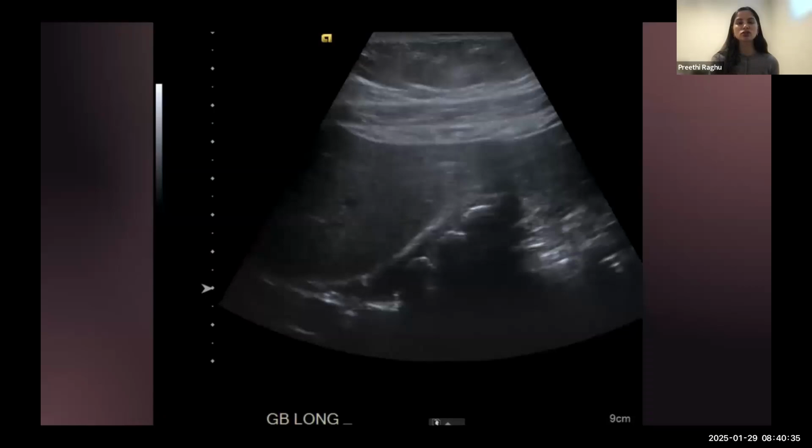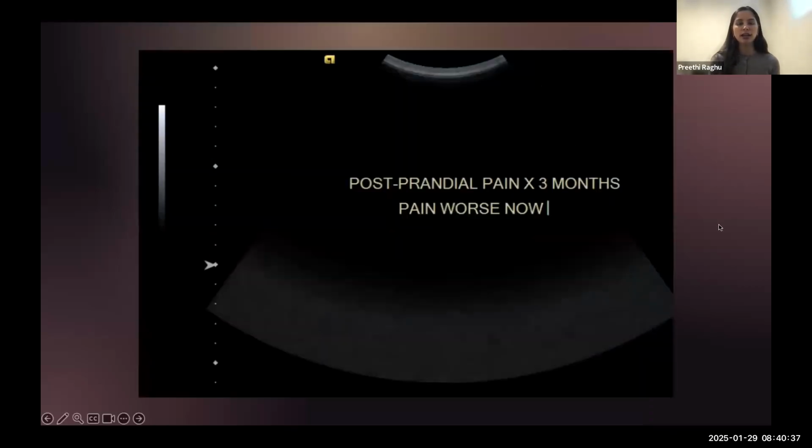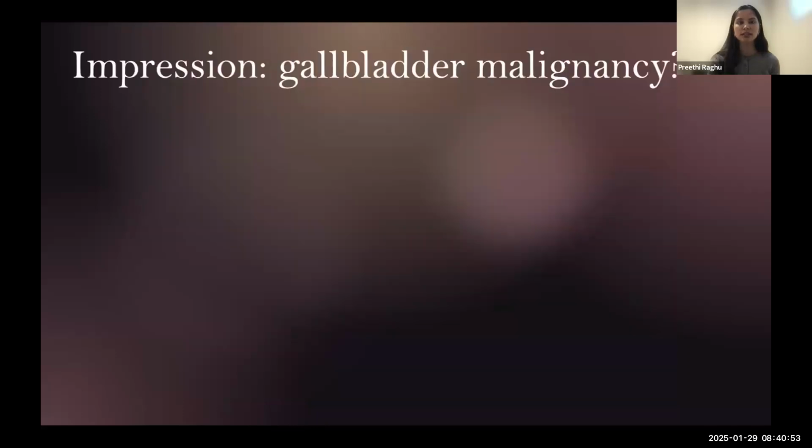And I say that because it's so contracted. And the sonographer said this person has postprandial pain since the last exam. And the patient told me that she had been NPO since the previous night. So this should have been a very distended gallbladder, but was very, very contracted instead.